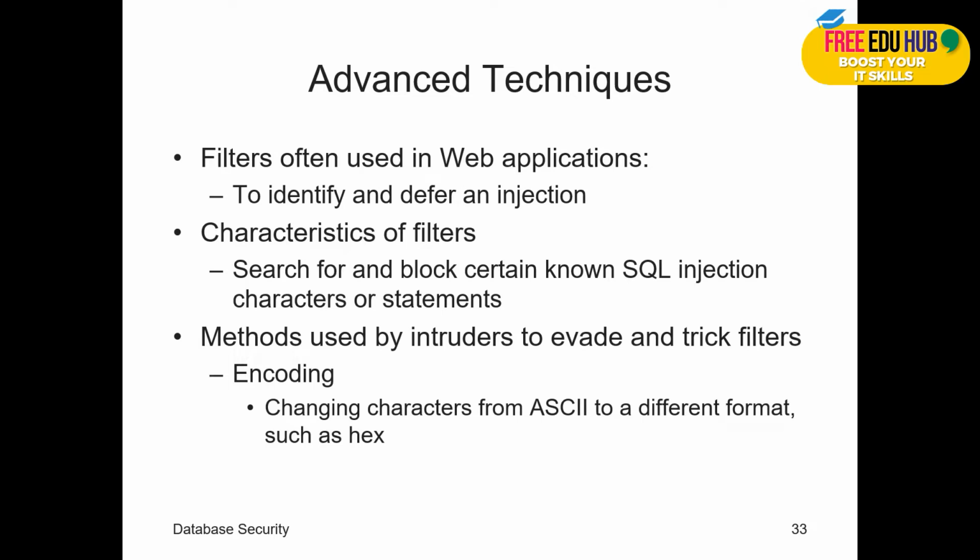So instead of writing the words which could be filtered by web applications, they sometimes use the hex code instead of ASCII, so that the web application, if it's not holding any kind of exceptions, would execute it on those databases.